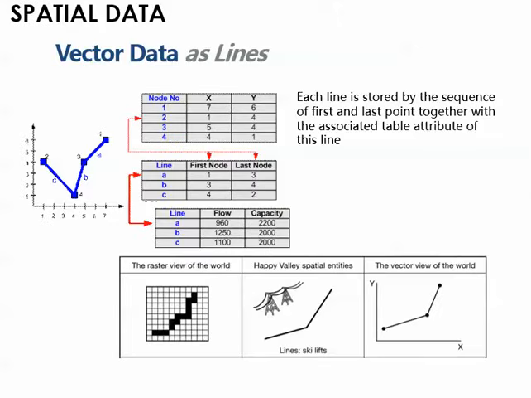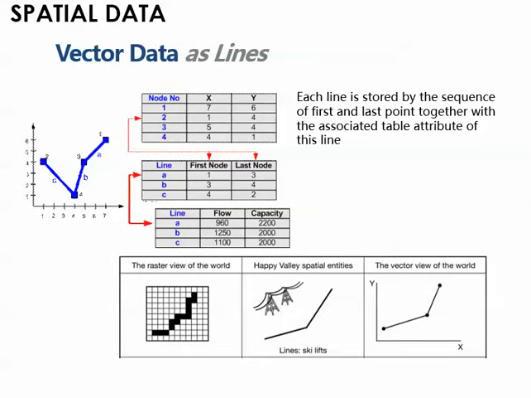We represent vector data as lines on a map to represent roads or power lines. Each line is stored by the sequence of the first and last point together with the associated table attribute of this line.